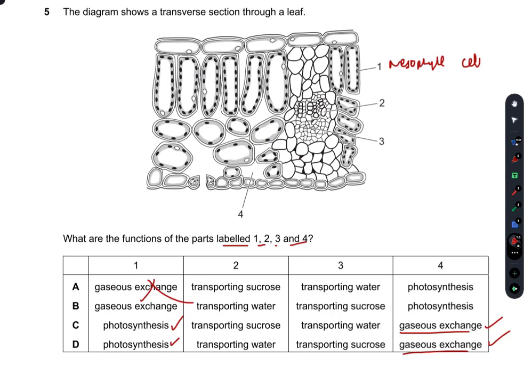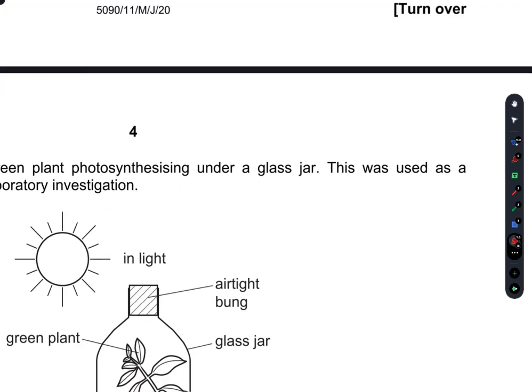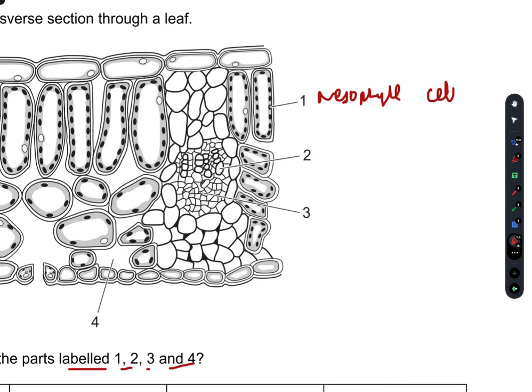This portion here has been shown more black, means that this is the xylem, and this portion here has been shown in less black color, means that this is phloem.